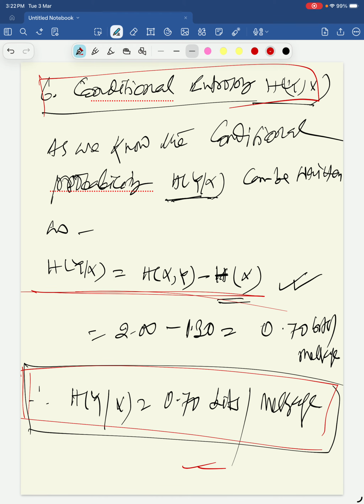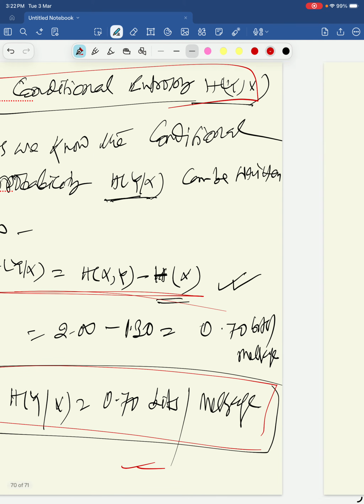Now we will go for a very small numerical, probability problem 2, very simple only. What is that? Consider a DMS, discrete memoryless system. I have explained what is discrete, what is memoryless, what is system.